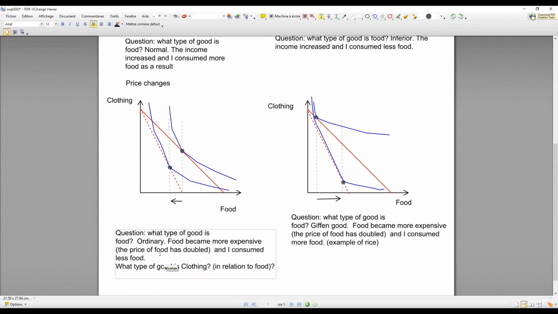Well, substitute: when I consume less of one, I want to consume more of the other. Complement: when I consume more of one, I consume more of the other, less of one, less of the other. So here you consume less of food, and what happened to the consumption of clothing? It went down too. So it means that here it's a complement.